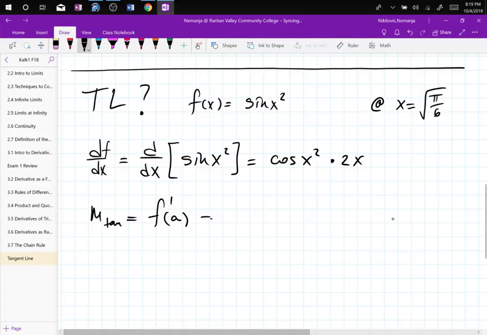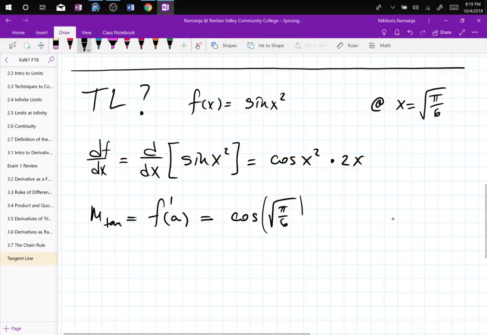So now I have cosine of the square root of pi over 6, squared, times 2 times the square root of pi over 6.